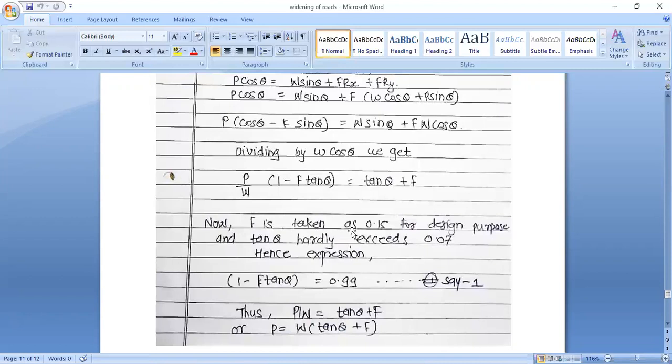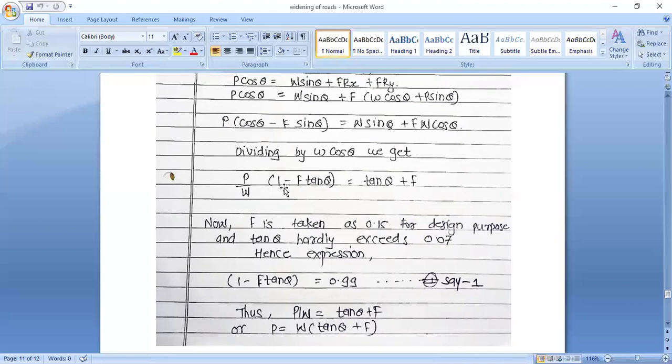Now F is taken as 0.50 for design purposes, and tan theta hardly exceeds 0.07. In this equation, the value of F is considered 0.50 and the value of tan theta is considered 0.07.